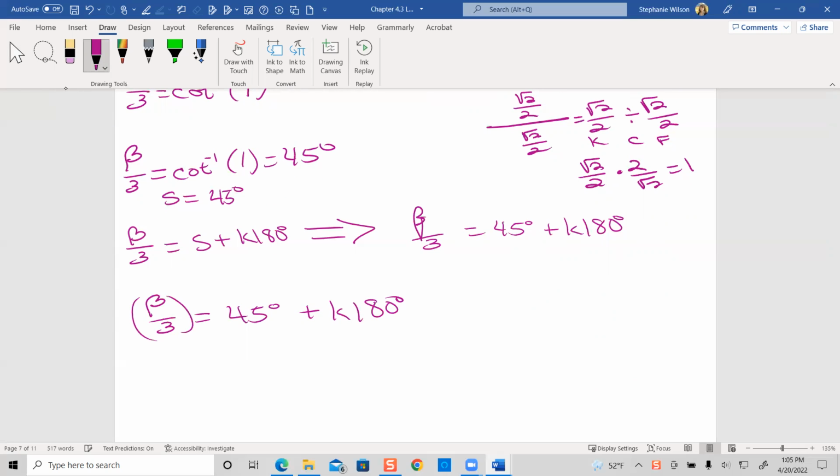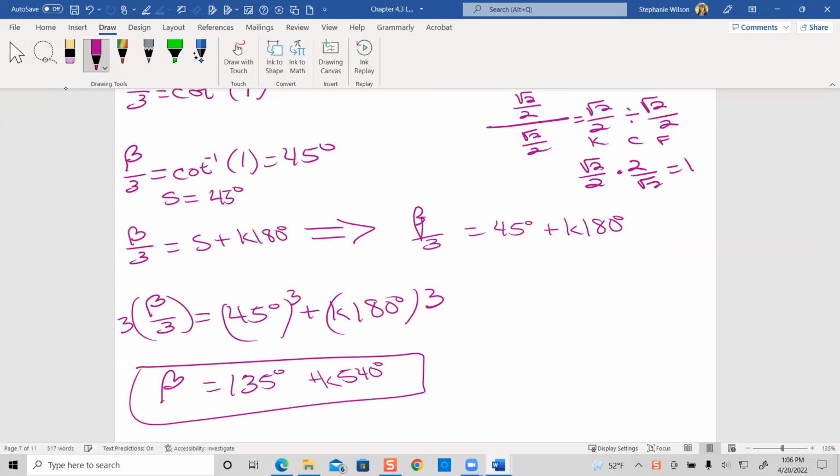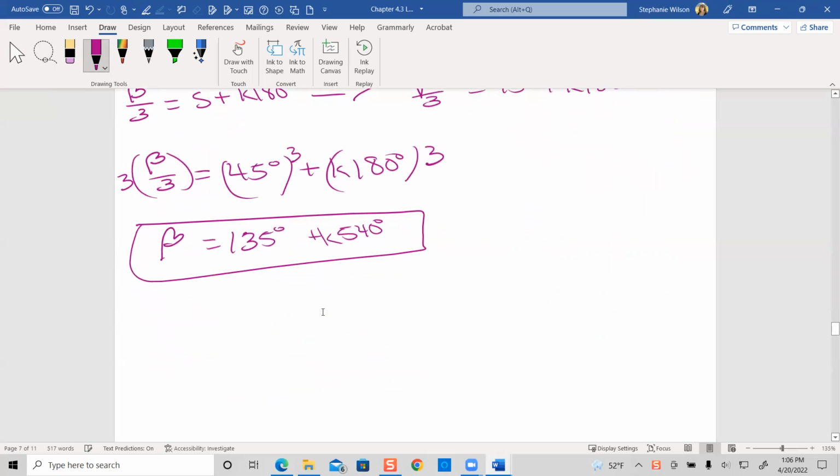So let's multiply by 3. So now I get beta of 45 times 3 is 135 degrees plus K of 504 degrees. And now we got our equation. And just plug in for K and we'll find all real numbers.